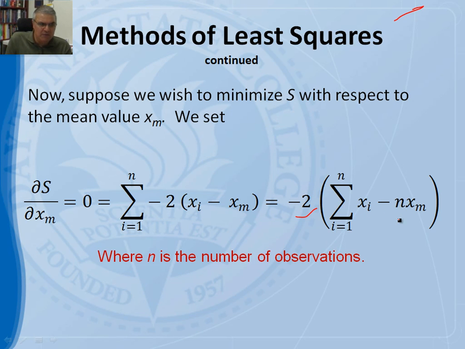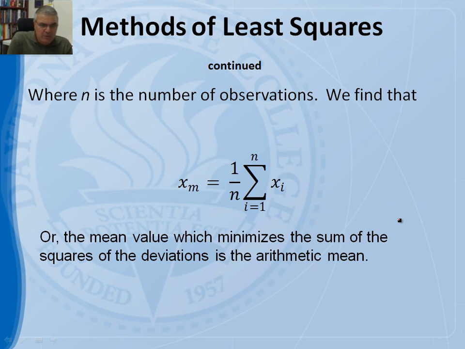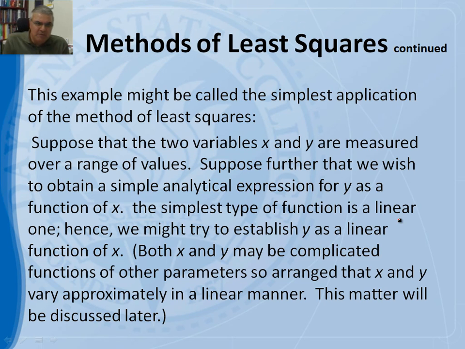So n is the number of observations. Then we continue with that. If n is the number of observations, we find that x of m is 1 over n, summation of i from 1 to n, x of i. So the mean value, which minimizes the sum of the squares of a deviation, is the arithmetic mean. So keep that in mind.